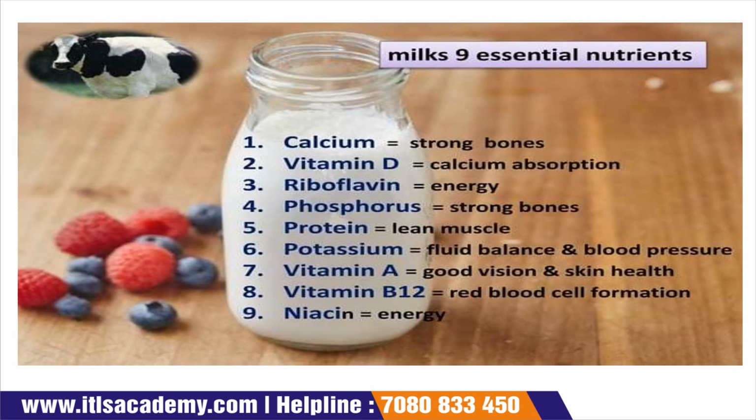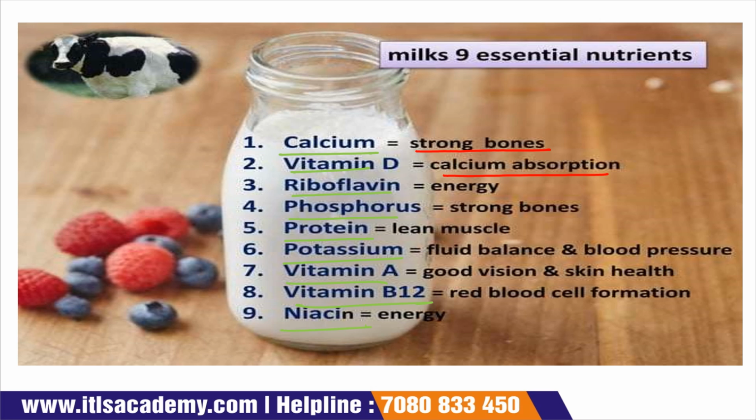Now the next one is the nine essential nutrients in milk. That is calcium, vitamin D, riboflavin, phosphorus, protein, potassium, vitamin A, vitamin B12, and niacin. Calcium is responsible for strong bones. Vitamin D is responsible for calcium absorption.